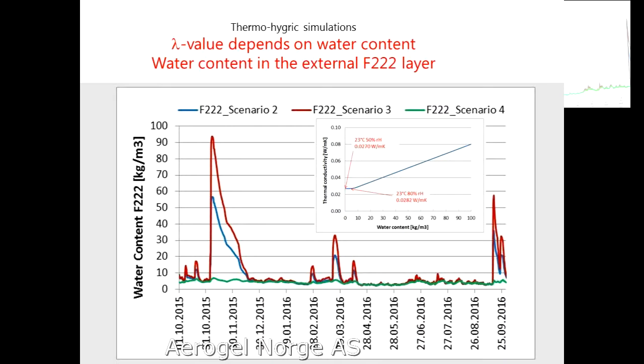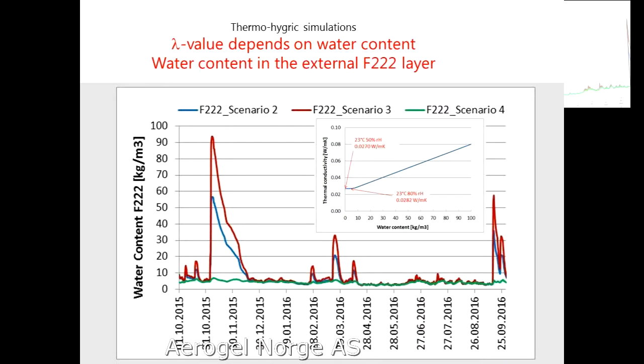And you see here, scenario number 2, which is the blue one, is just 5 centimeters outside application. And if you reduce that to 3, there is a very strong increase in that 3 centimeters. You see, this is scenario 2.